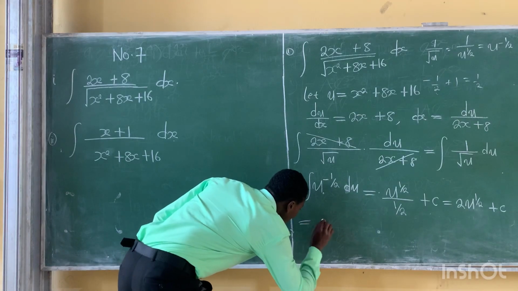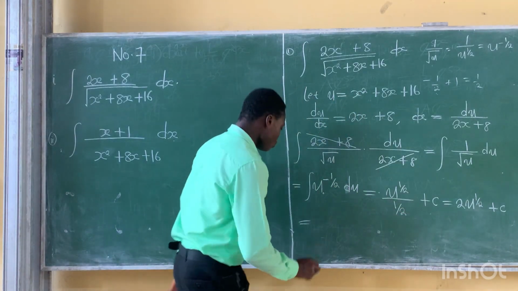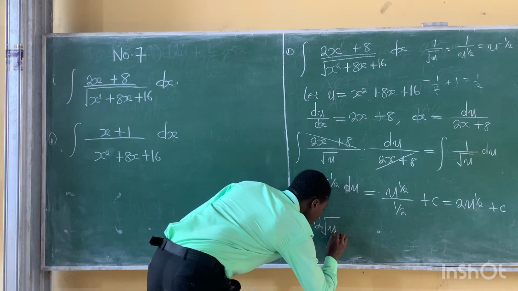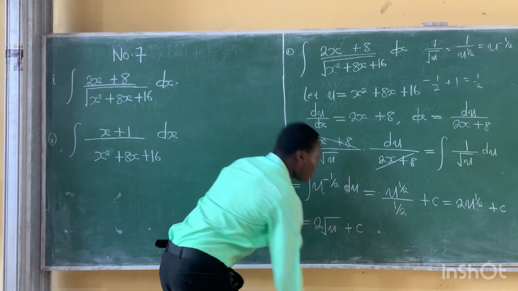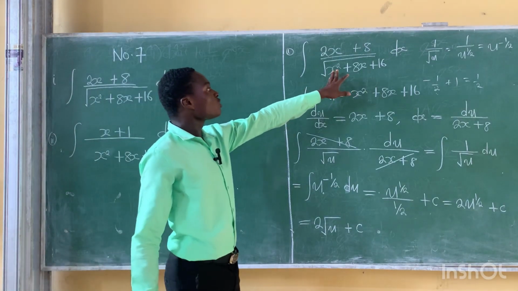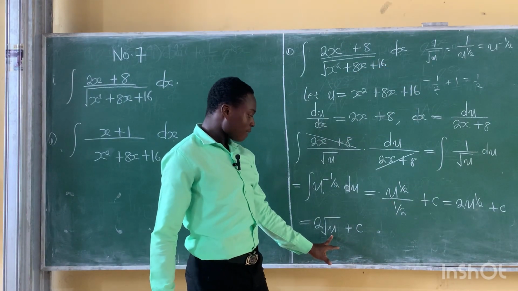And u to the power of 1 over 2 is the same thing as square root u. So you have 2 square root u plus c. But don't forget, the initial question they gave to us was in terms of x, not u. But we are having our answer in terms of u.